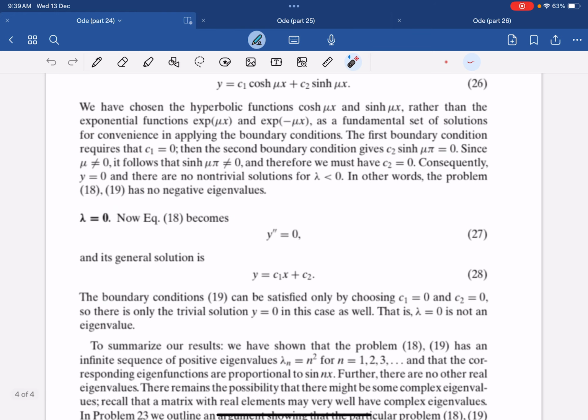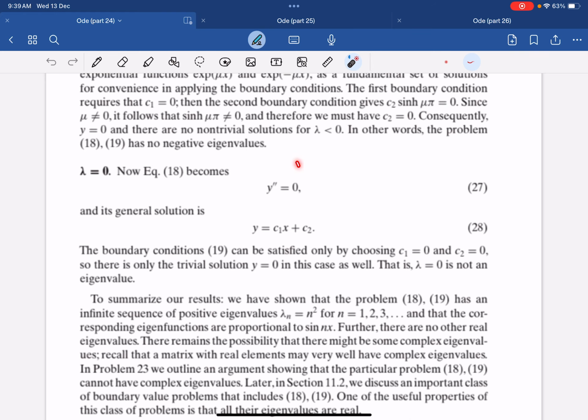And if lambda equals 0, then you just need to solve y double prime equals 0, which gets you this general solution. Again, you sub in the boundary conditions and show that c1 and c2 are both 0. So there is only the trivial solution in this case as well.